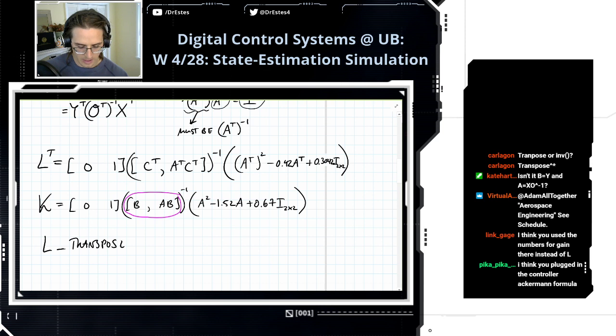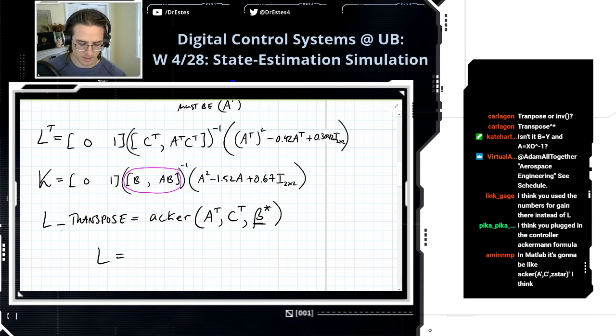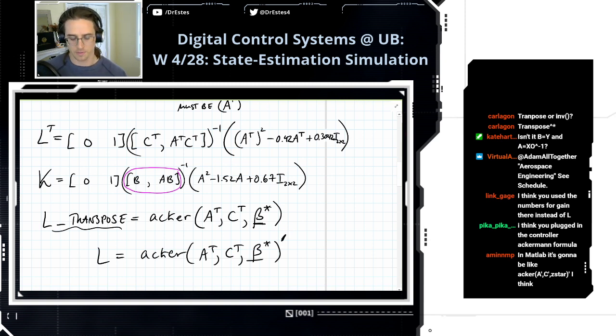So in MATLAB we'll say L transpose is equal to Ackermann of A transpose, C transpose, and then whatever poles you picked for your estimator. Yes, that's right. Or you could forget about this transpose thing and just take the transpose of this formula, and you do that by using an apostrophe.